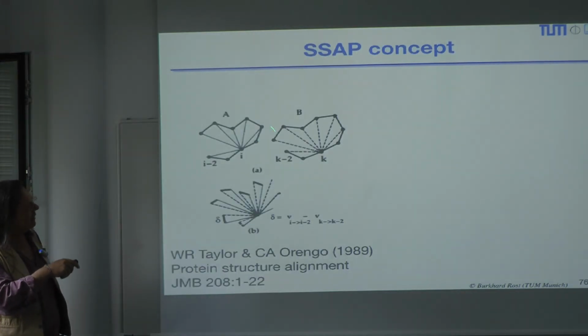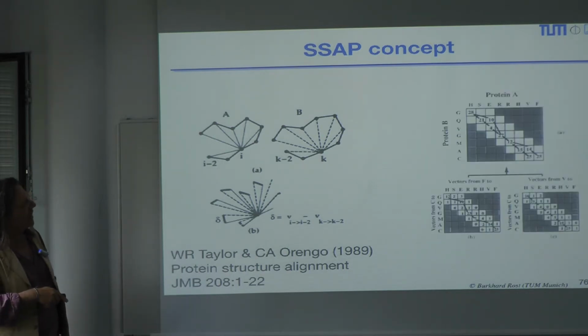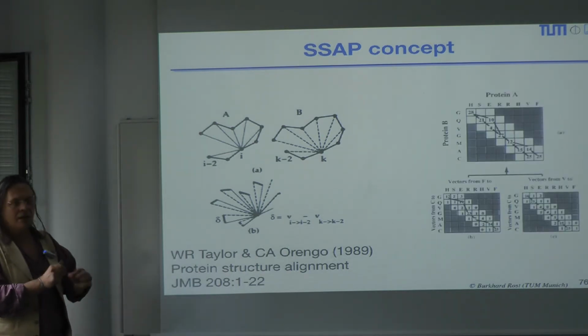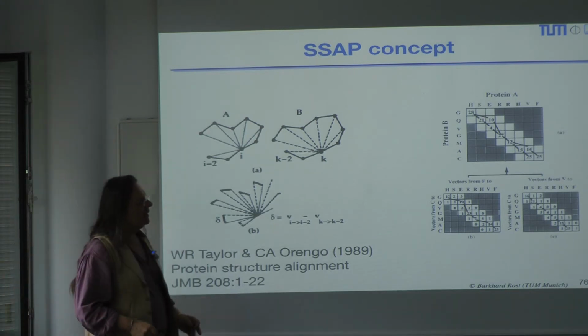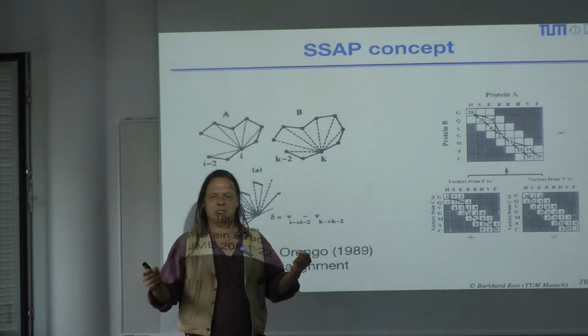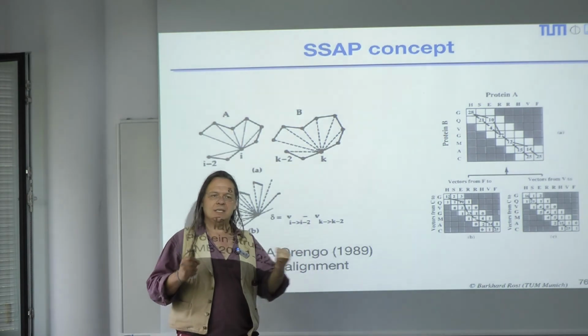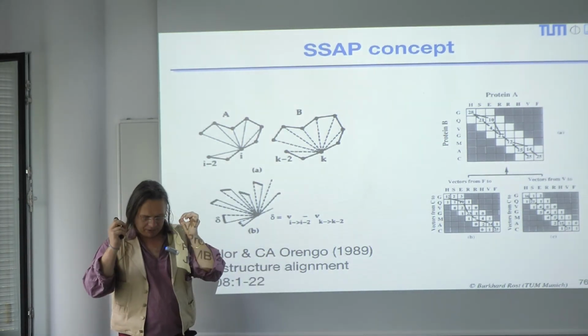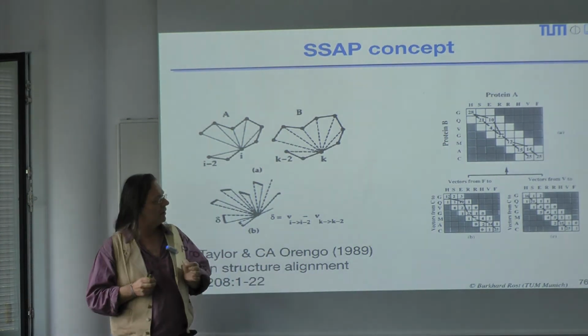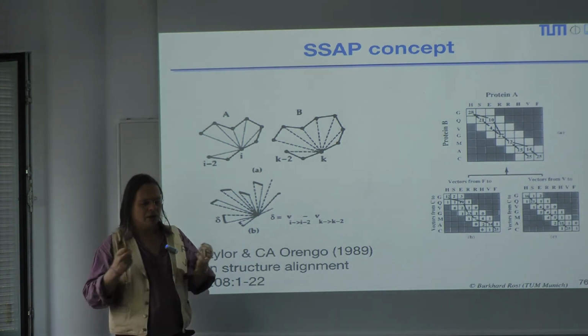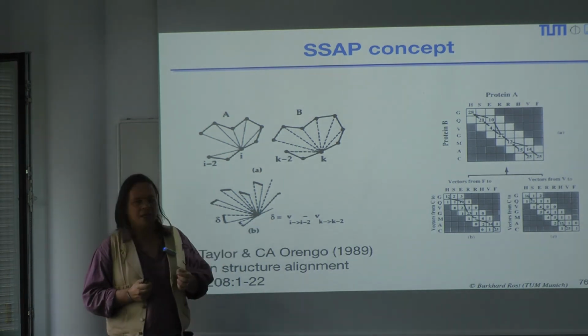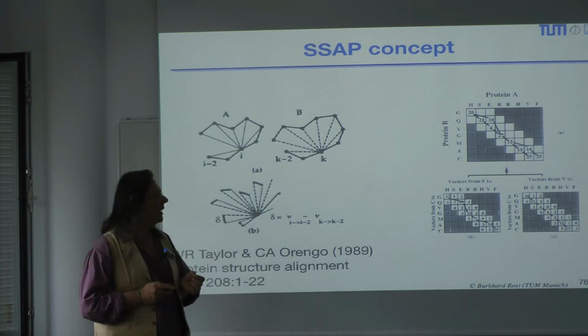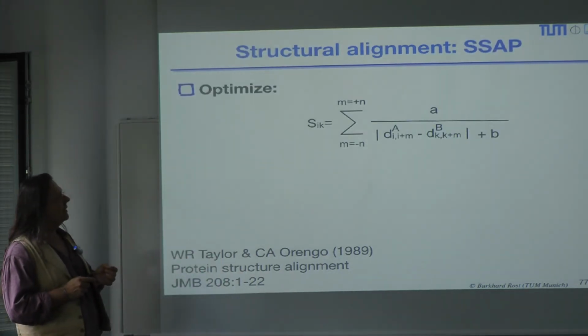So you create local distance matrices of the two proteins A and B that you compare, local vectors, and then you essentially compare the local vectors between two different matrices. And you do that in a formalism that is in fact copying, generalizing dynamic programming to the case of 2D objects. Highly complex. That was the first structural alignment.